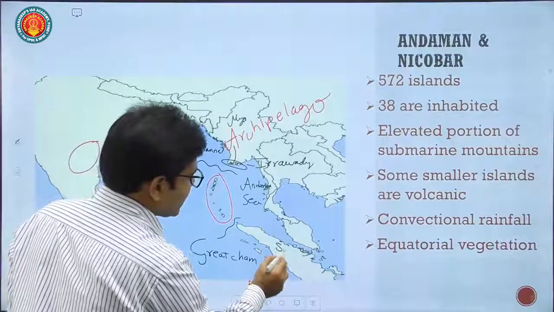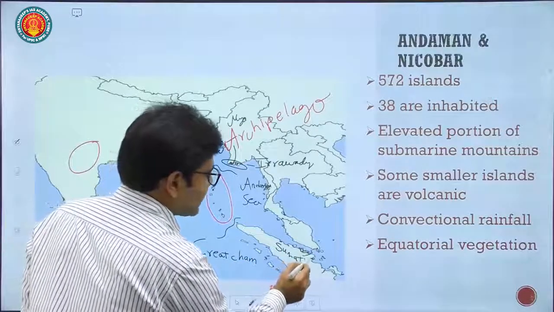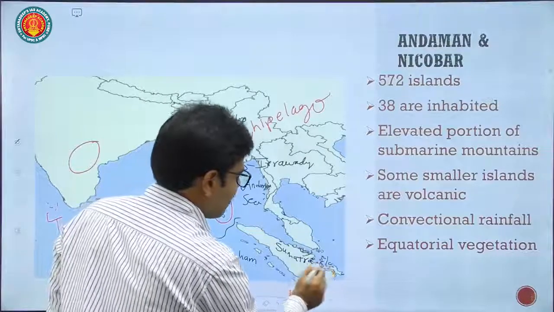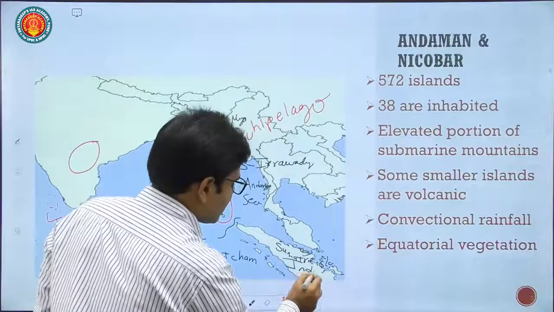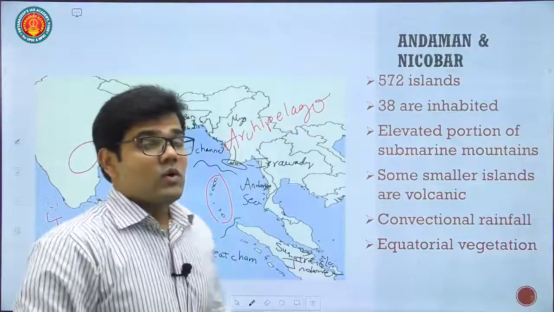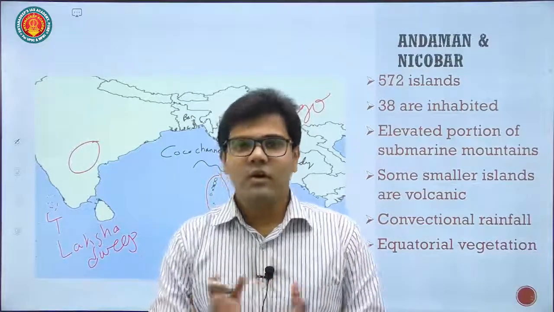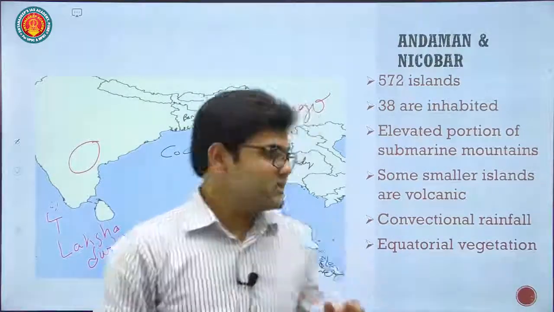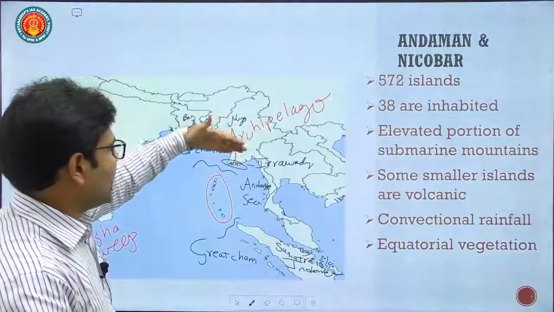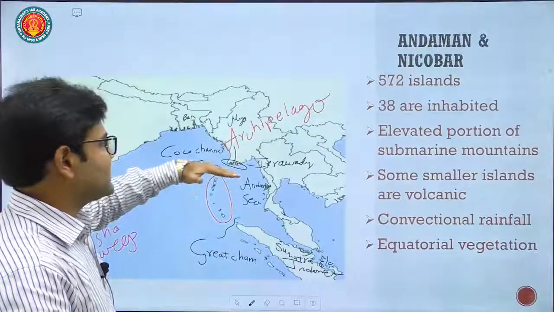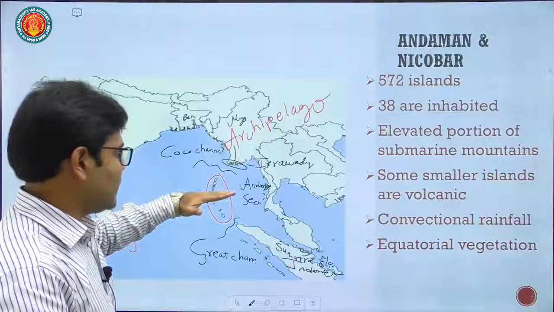And this is Sumatra Island of Indonesia. If you consider the boundary of Andaman and Nicobar, first is Myanmar, then we have the Coco Channel, which separates Myanmar and the Andaman and Nicobar Islands.